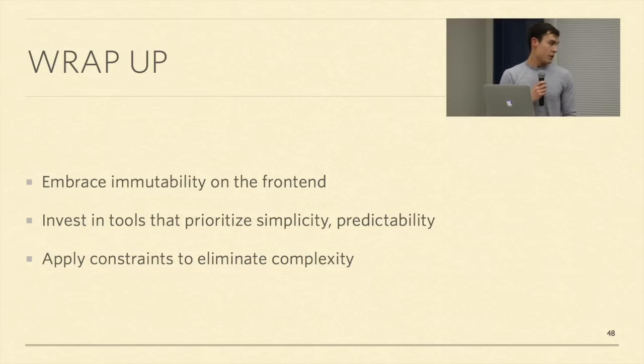When you have immutability by default, it becomes much easier to reason about your programs, and it's important to invest in tools that prioritize simplicity and predictability for writing higher quality software. And when designing these systems, it's also important to constrain ourselves to the essential parts of what we're trying to solve. We want to avoid incidental complexity of putting ourselves in a system where we've created more problems than what we set out to solve.